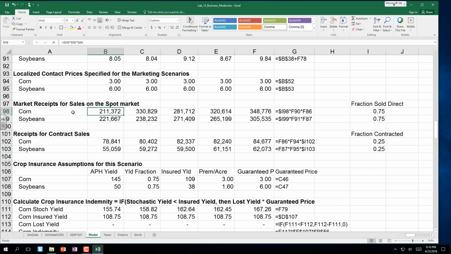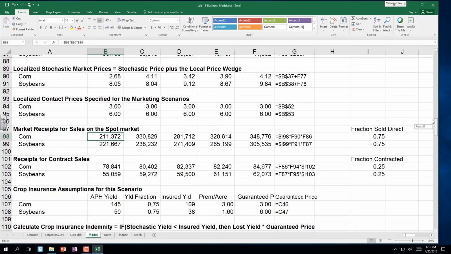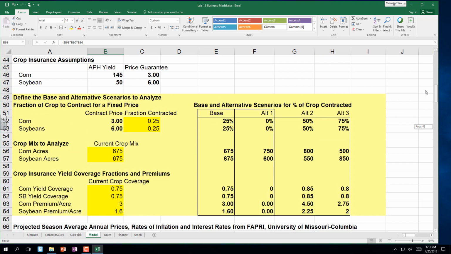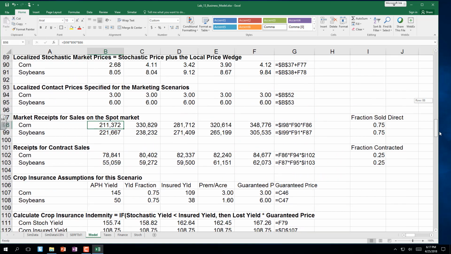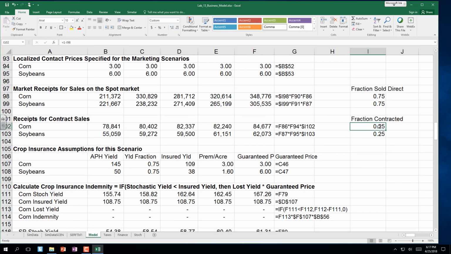So market receipts are calculated two ways, okay? One is market receipts, which is the fraction that you actually sell directly on the market, or 1 minus that. And it says, oh, this is in the spot market. Did we see that up there? Yeah, we contracted for 25%. So guess what? If you're going to contract 25%, that means 75% is sold on the spot market. 1 minus that contracted percentage.